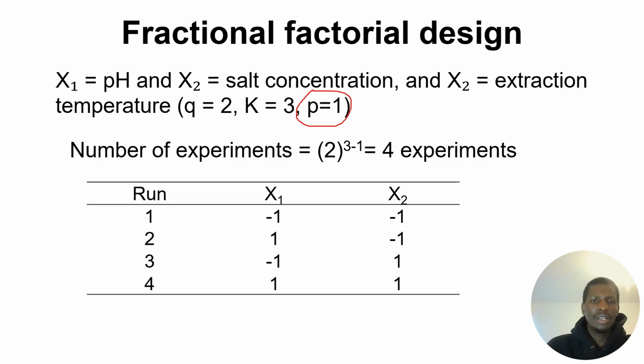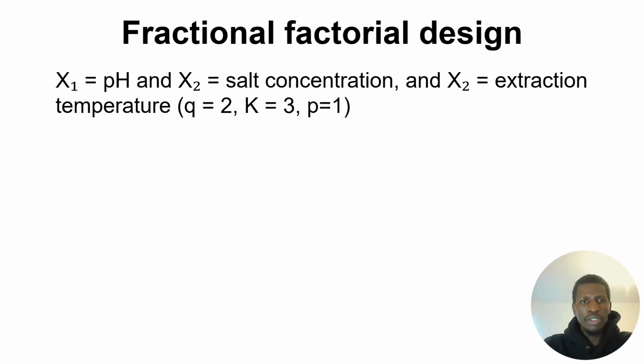If you do that, you'll have this series of experiments. You start by alternating -1, 1, -1, 1. Then for the second factor, we alternate -1, -1, plus 1, plus 1. We have just designed an experiment for 2 factors at 2 levels.